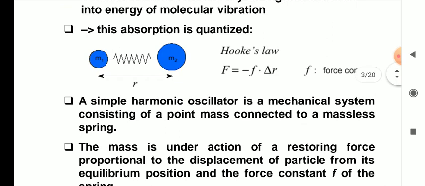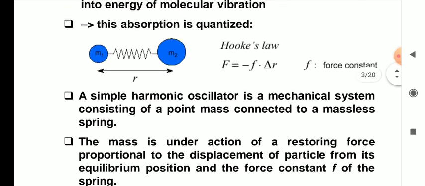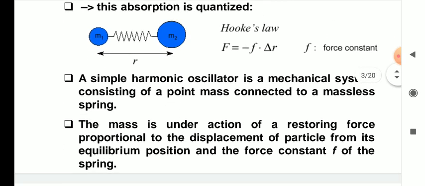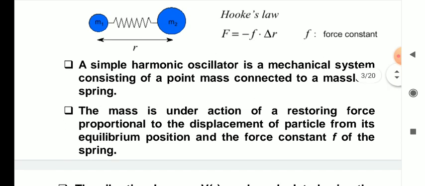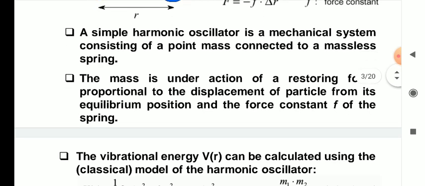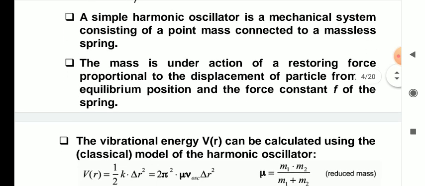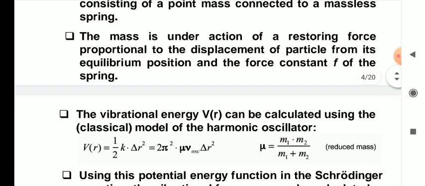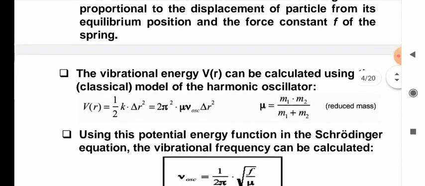A simple harmonic oscillator is a mechanical system consisting of a point mass connected to a massless spring. The mass is under the action of a restoring force proportional to the displacement of the particle from its equilibrium position and the force constant k of the spring.